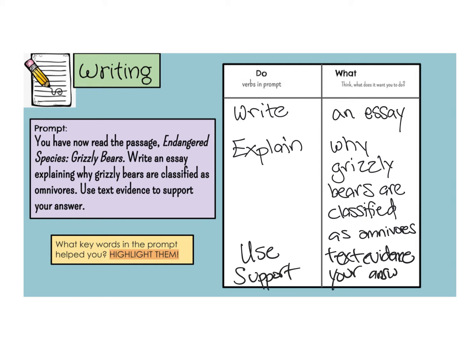So now using my do-what T-chart, I know I had to do 4 things in this piece of writing. First, I have to write an essay. Then in my essay, I have to explain why grizzly bears are classified as omnivores. In my writing, I need to use text evidence, which is the C in RACES. And I need to support my answer. Well, that's the E in RACES.